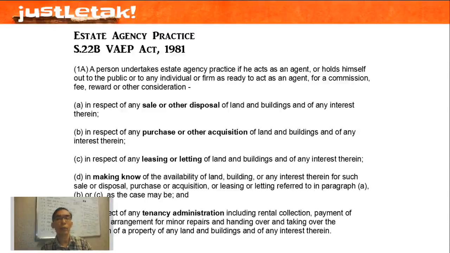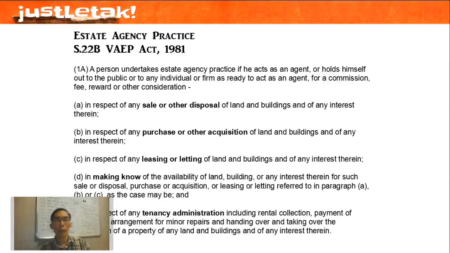Making known the availability doesn't mean that the person is completing the whole transaction by making a booking fee or earnest deposit collection. So if the person is just telling his relative there is a house for sale, then in the interpretation of section 22B subsection D, it is making note of the availability of that house.